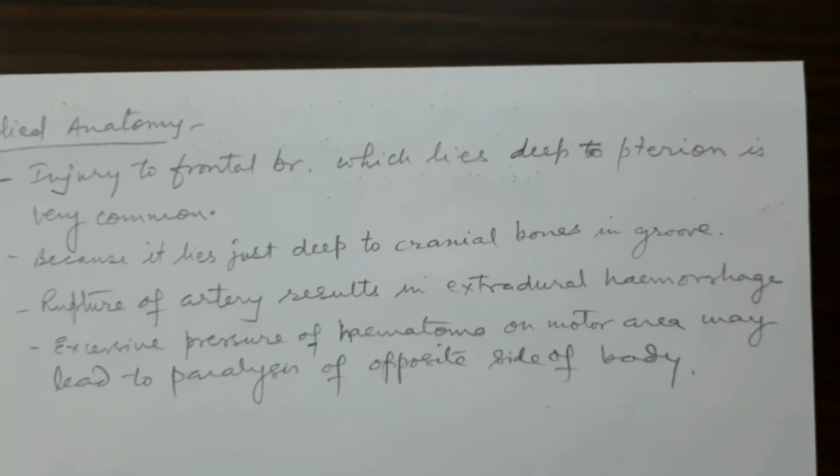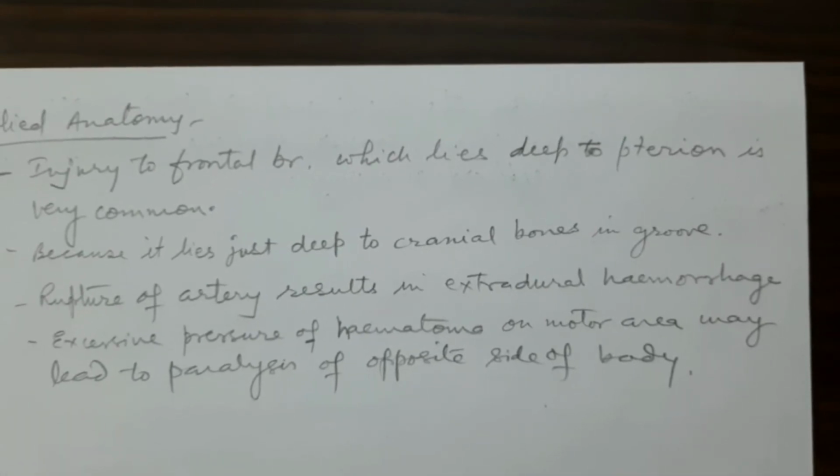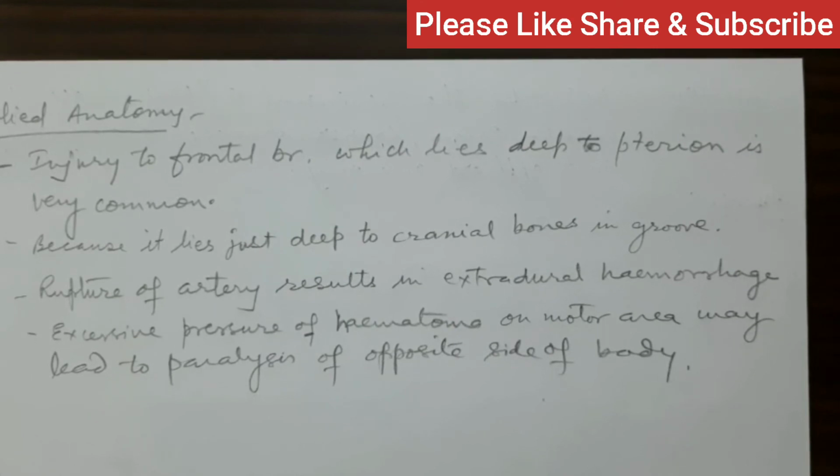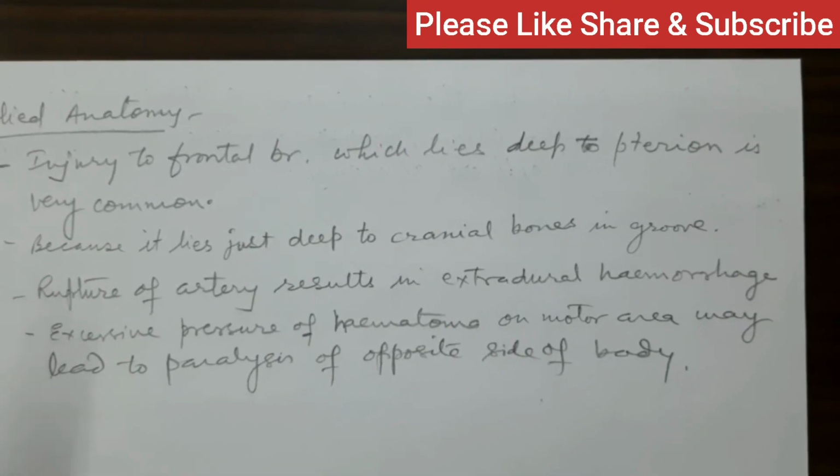Hence surgery becomes very important, and a very quick surgery is needed. The surgeon will remove this hematoma, the collection of blood from the extradural space, and then the person will become all right. When you take an X-ray or CT scan of this, you can see a collection of blood and the brain.